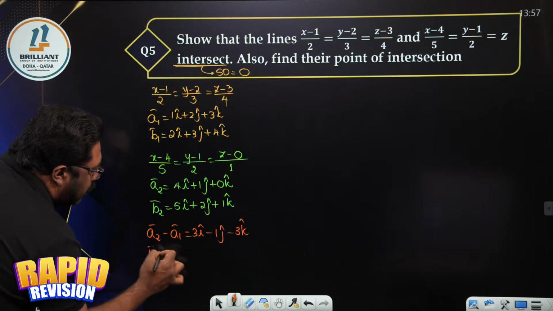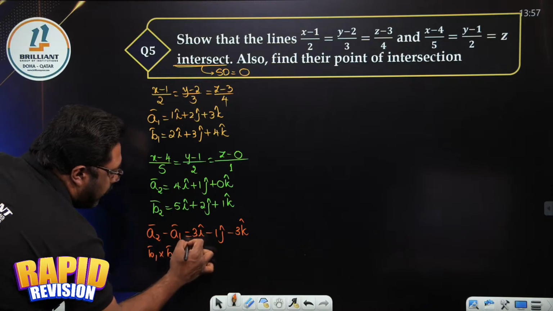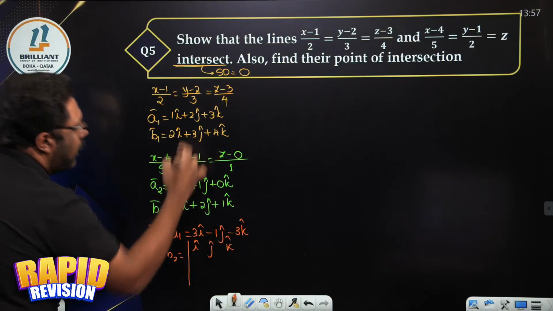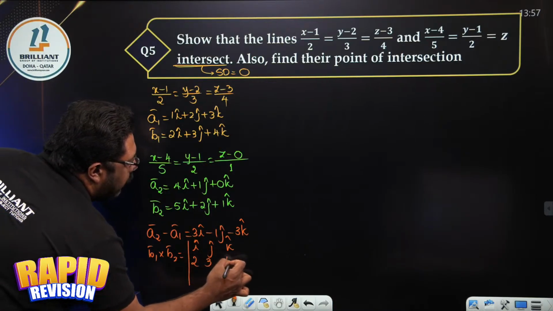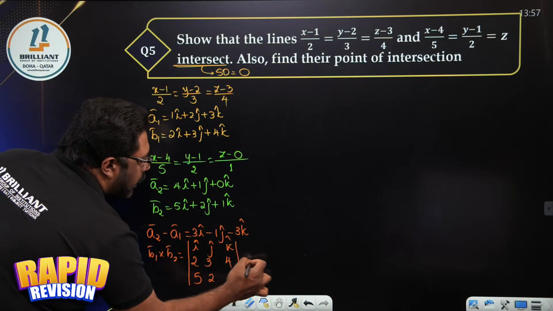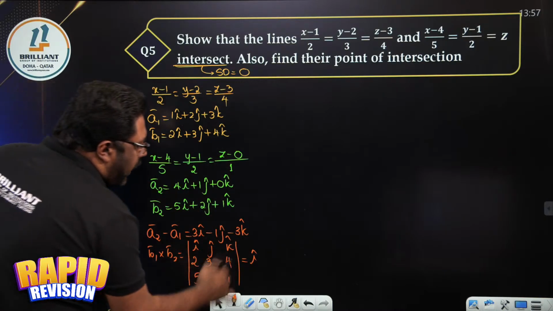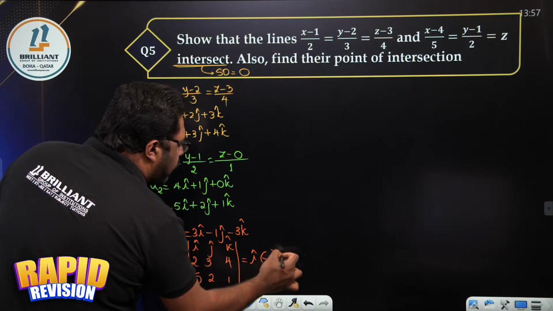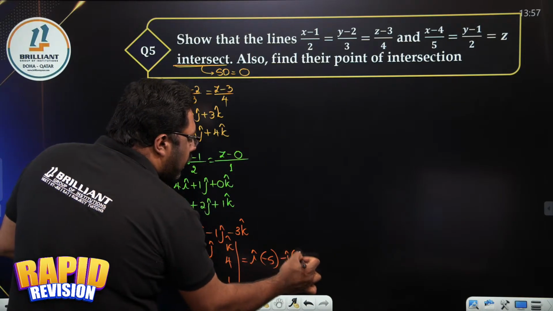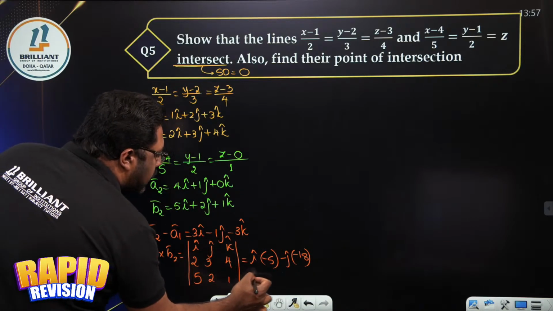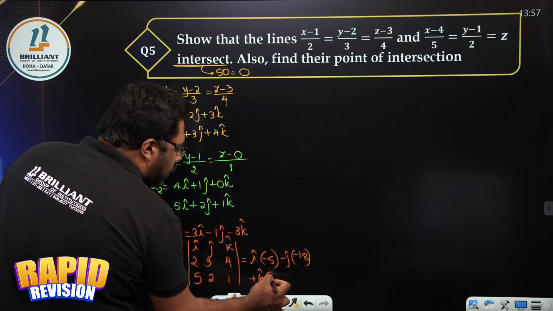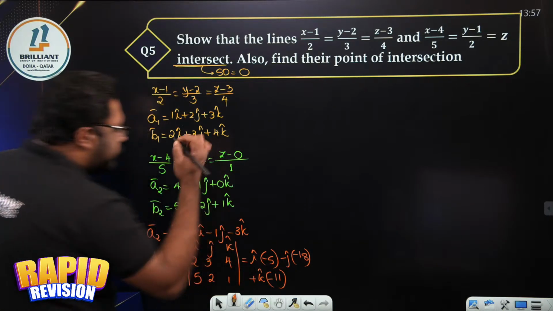Now b1 cross b2, method of determinant, i, j, k, b1 2, 3, 4, b2 5, 2, 1 equal to i into 3 minus 8 minus 5 minus j into 2 minus 20 minus 18 plus k into 4 minus 15 minus 11.